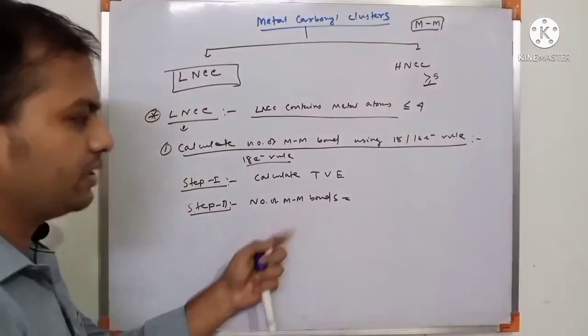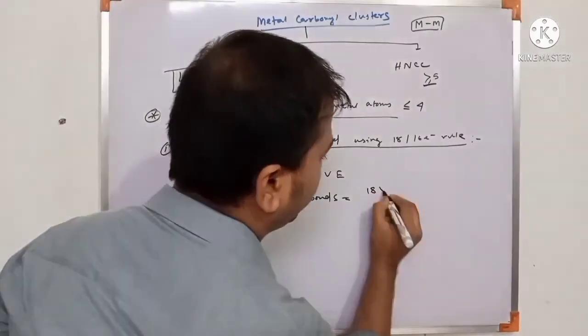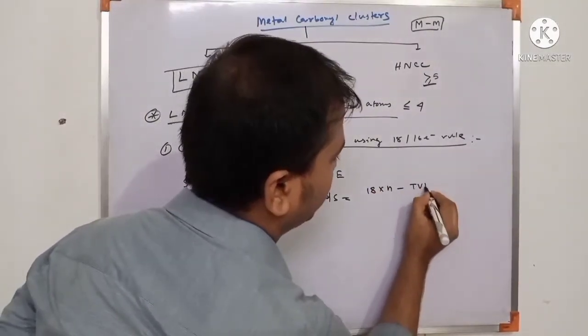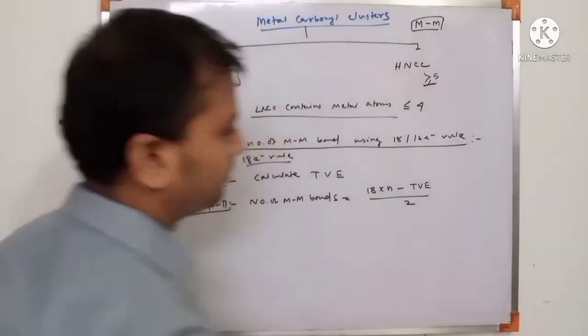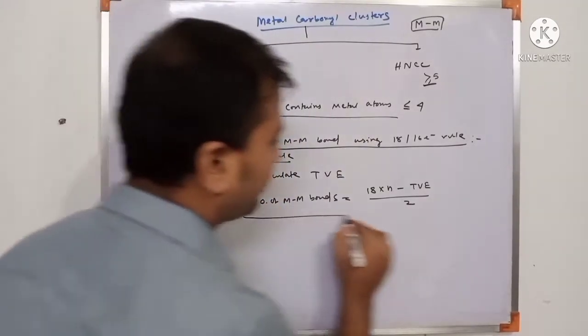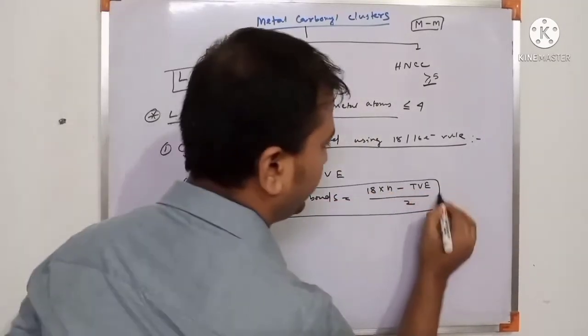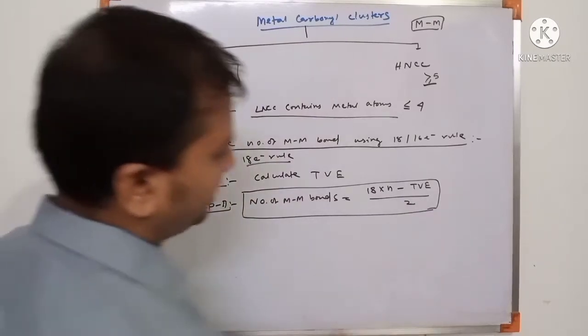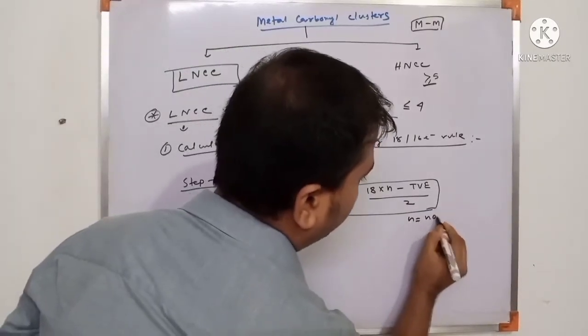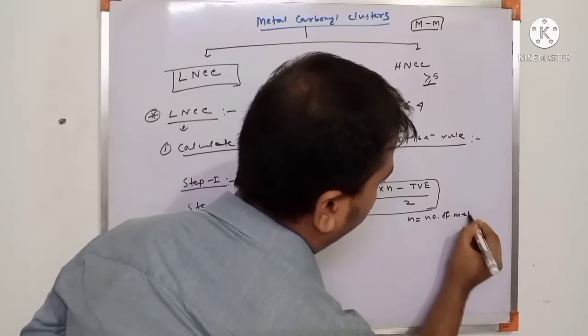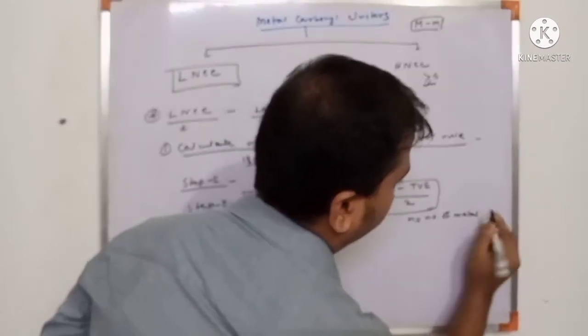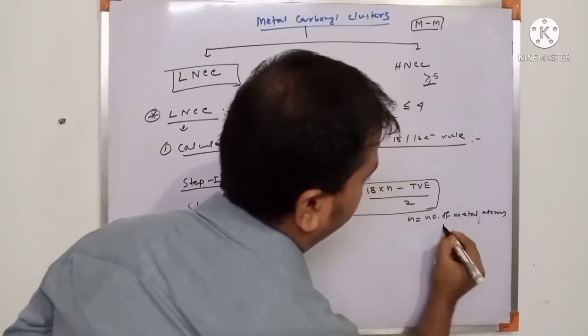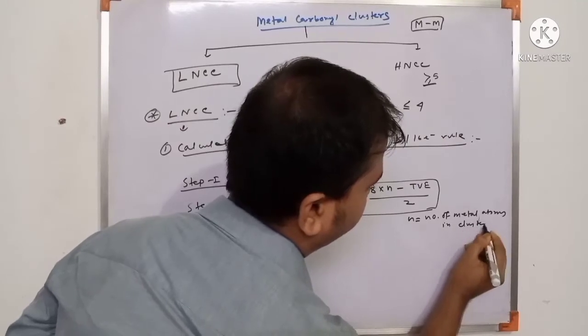Number of metal bonds equals 18n minus total valence electrons, divided by 2. This is the formula, where n equals the number of metal atoms in the cluster compound.